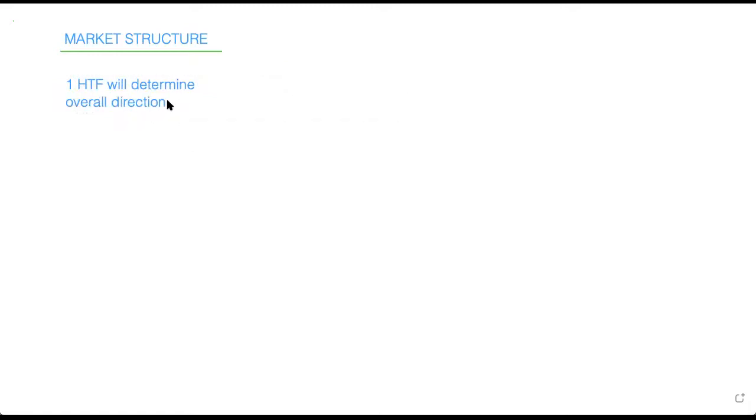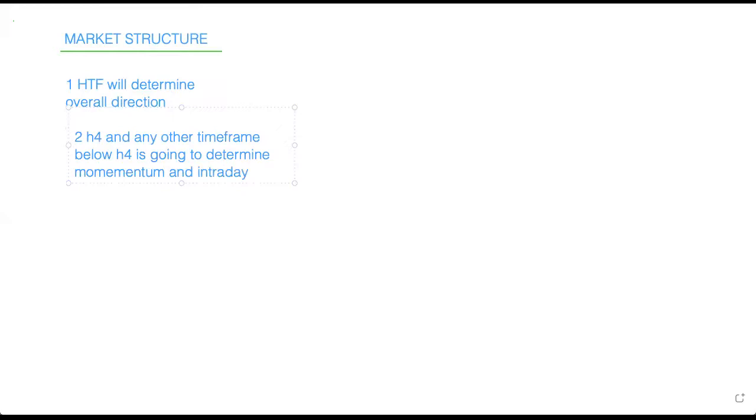And point number two, what we have to know is our H4 and any other time frame below H4 is going to determine momentum and what we call intraday trading.